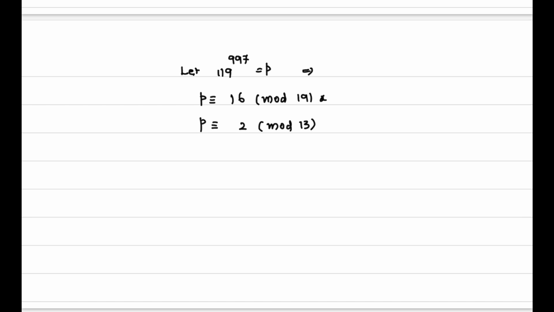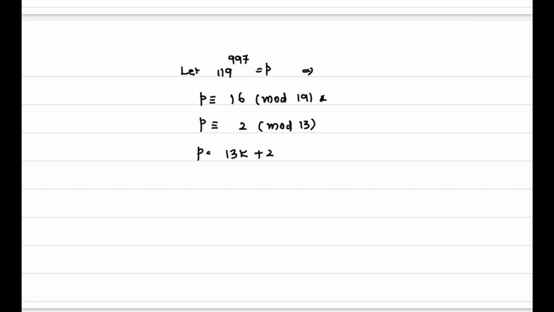We will take either 2 mod 13 or 16 mod 19. What is the meaning of p equivalent to 2 mod 13? When you divide p by 13 there is a remainder 2. That means it is a multiple of 13, say 13 into k, plus 2.